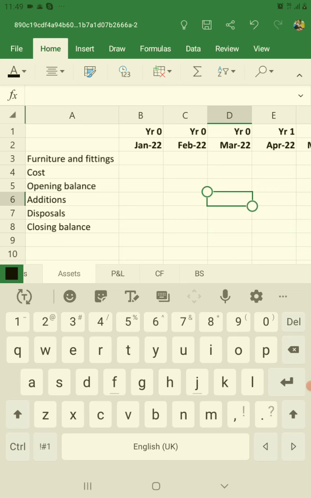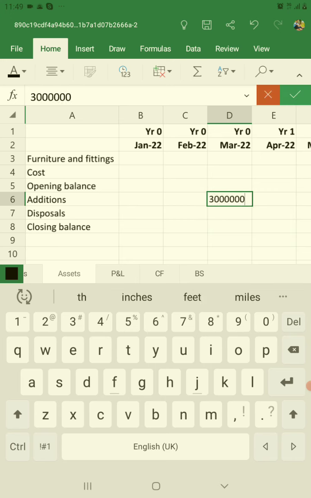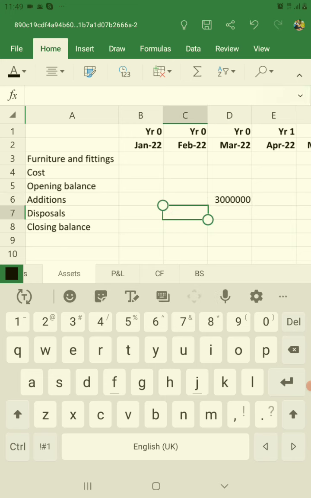So I click on March in the additions section there, and let's say the furniture and fittings will cost 3 million Tanzanian shillings. So I type 3 million, and so let me structure the closing balance.